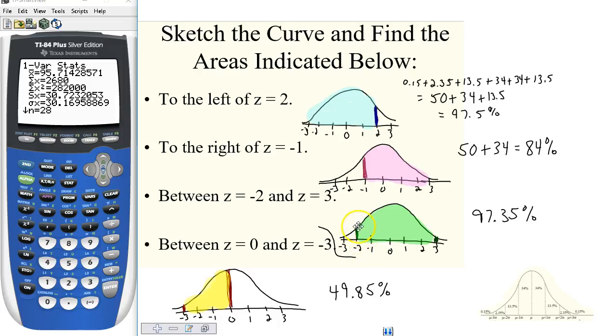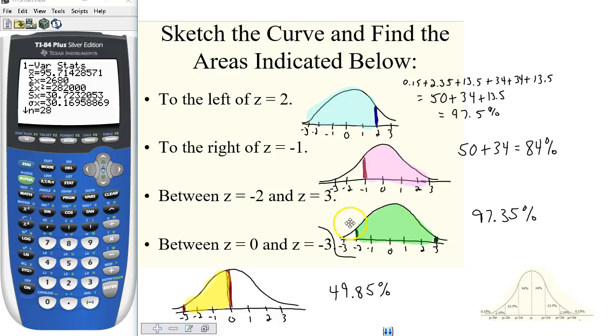Looking at the next example, between a z of -2 and a z of +3, I could add the 13.5% plus 34% plus 34% plus 13.5% plus 2.35%. That's one way to do it.